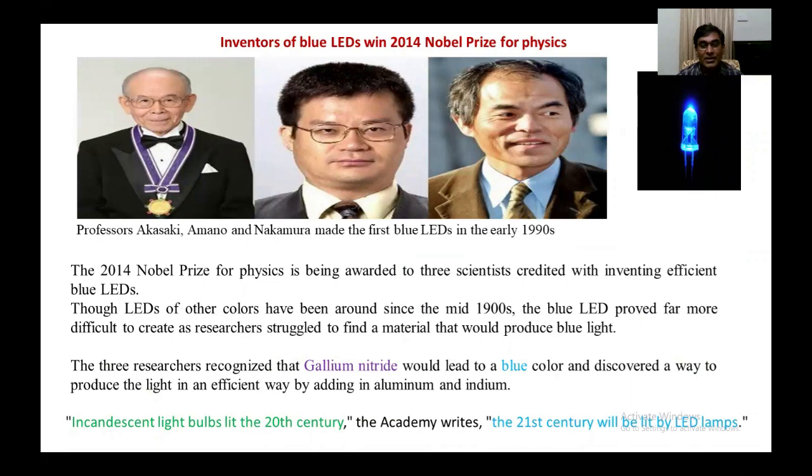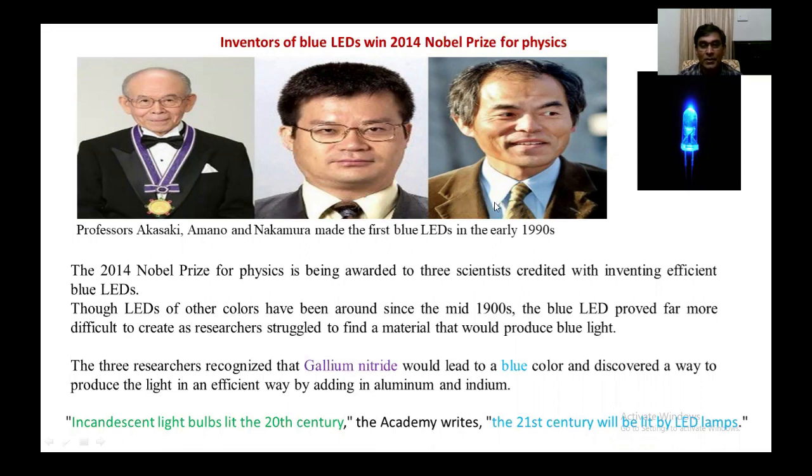And the technology is for the development of efficient blue light emitting bulb. And again here, these are the trio: Professor Akasaki, Amano, a PhD student of Akasaki, and Nakamura, for development of efficient blue LED.